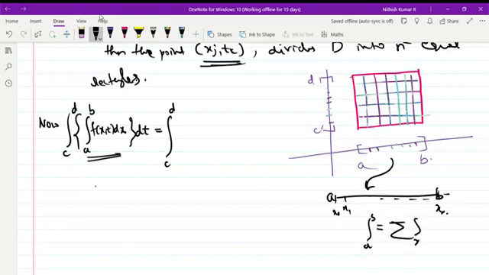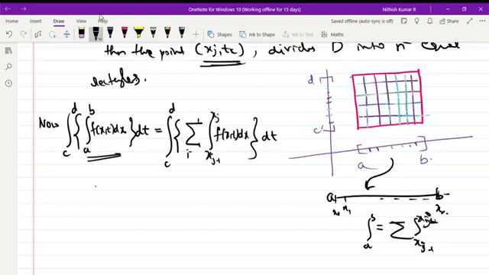So writing this integral from a to b as a summation of integrals from x(j-1) to xj, we get the summation of the integral from x(j-1) to xj of f of x comma t dx, into dt, where this summation varies over j equal to 1 to n. So this is using my property of integral.